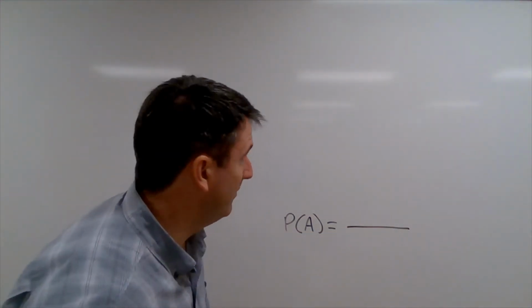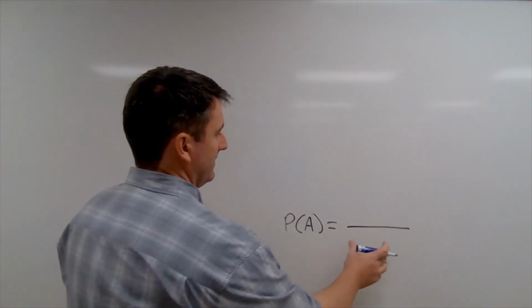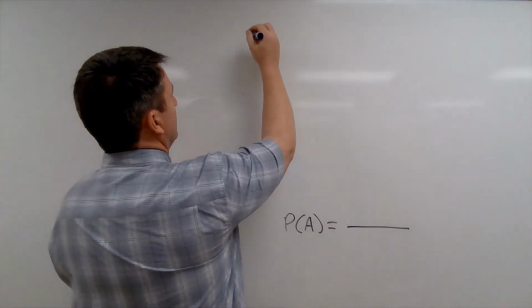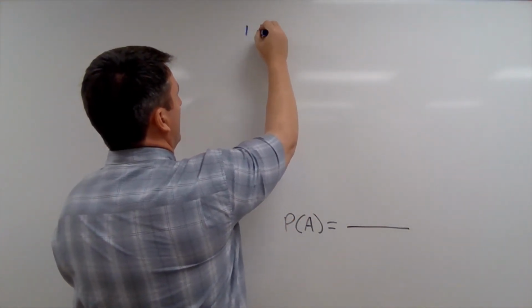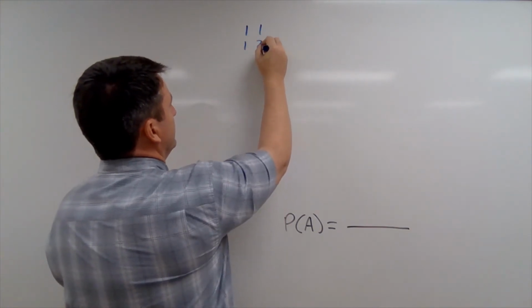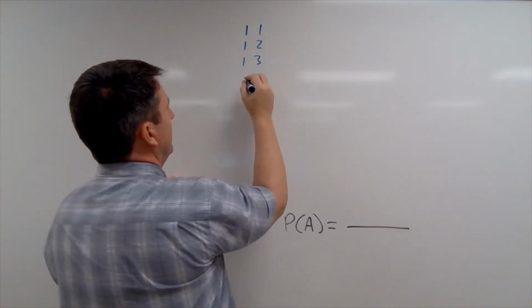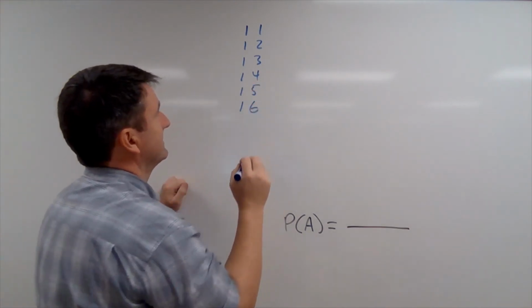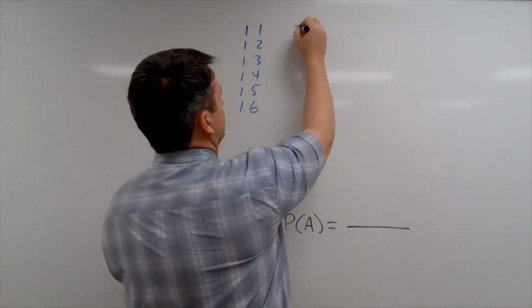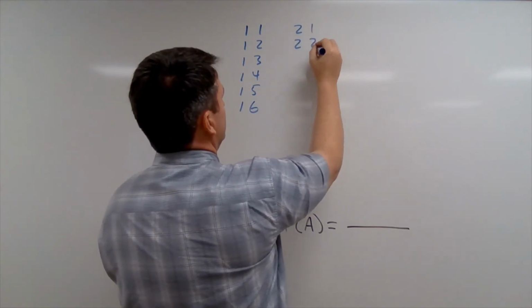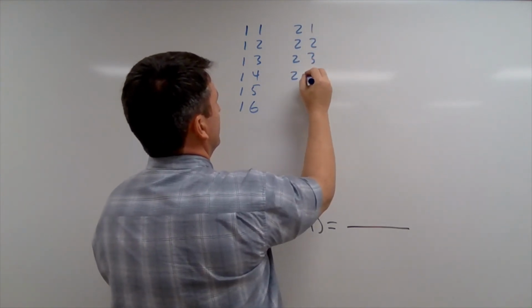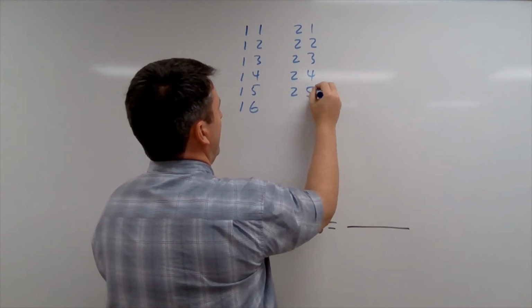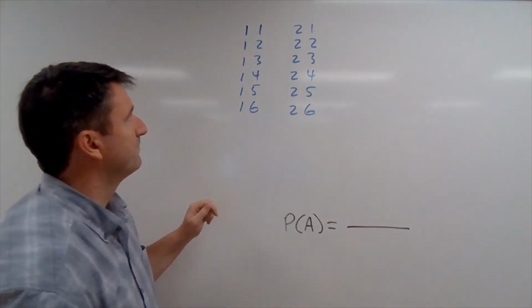The possible outcomes could be a 1 and a 1, or a 1 and a 2, or a 1 and a 3, 1 and a 4, 1 and a 5, or 1 and a 6. Or we could get a 2 and a 1, or a 2 and a 2, a 2 and a 3, or a 2 and a 4, a 2 and a 5, or a 2 and a 6.